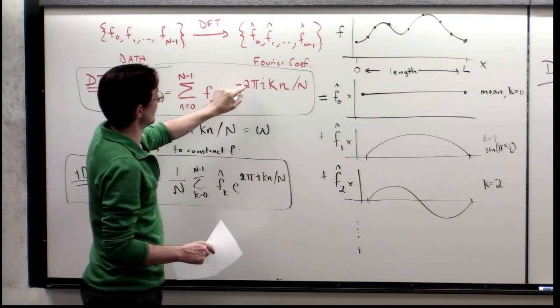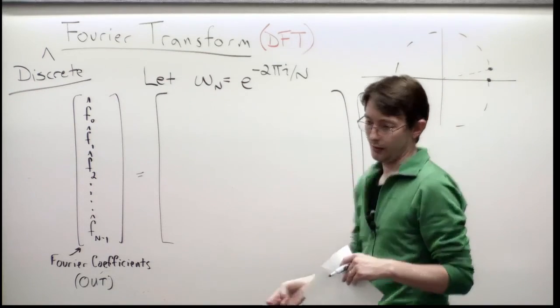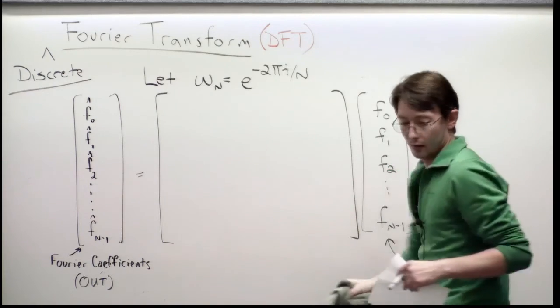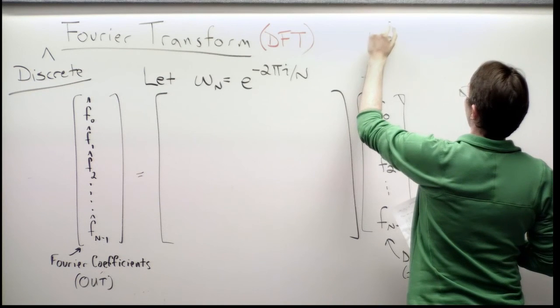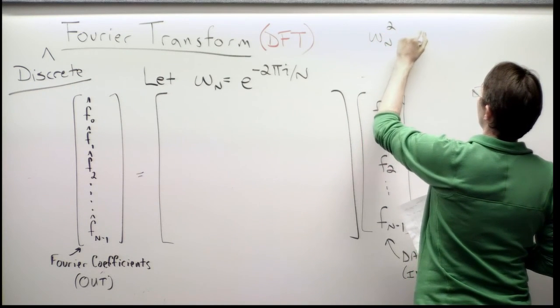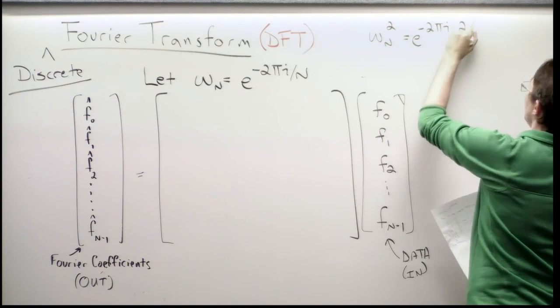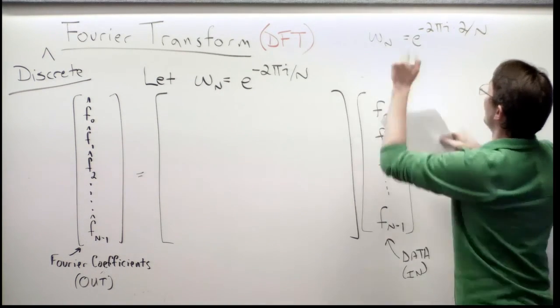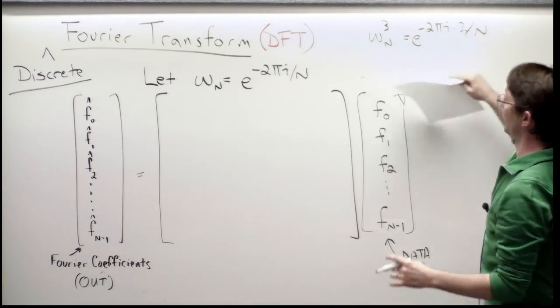And notice that omega n squared equals e to the minus 2 pi i times 2 over n. And omega n to the third power is times 3 over n, and so on and so forth.